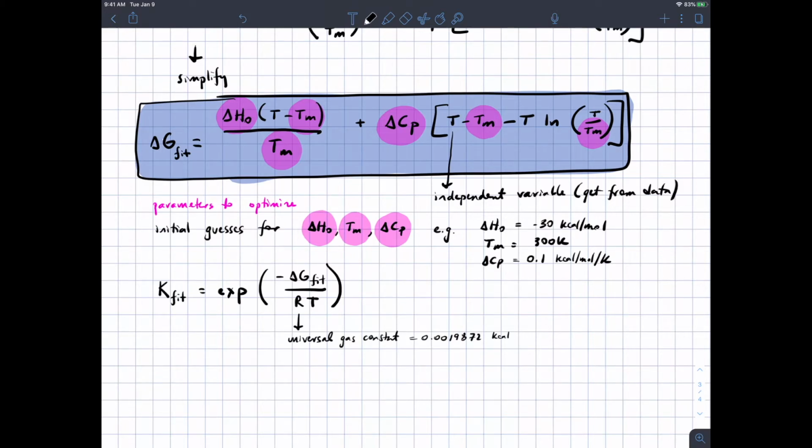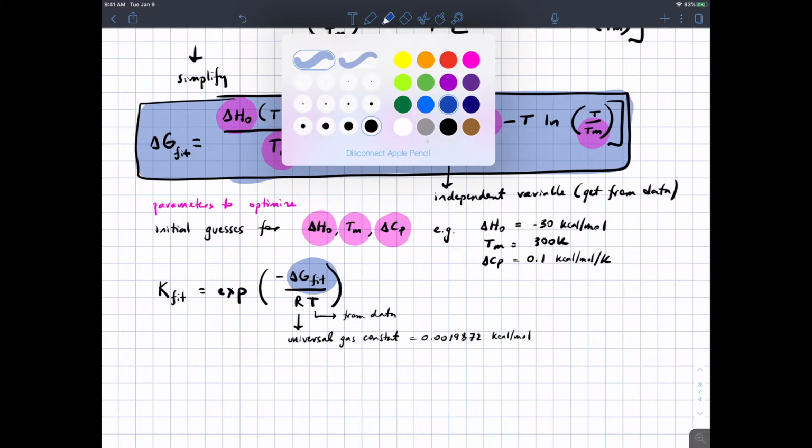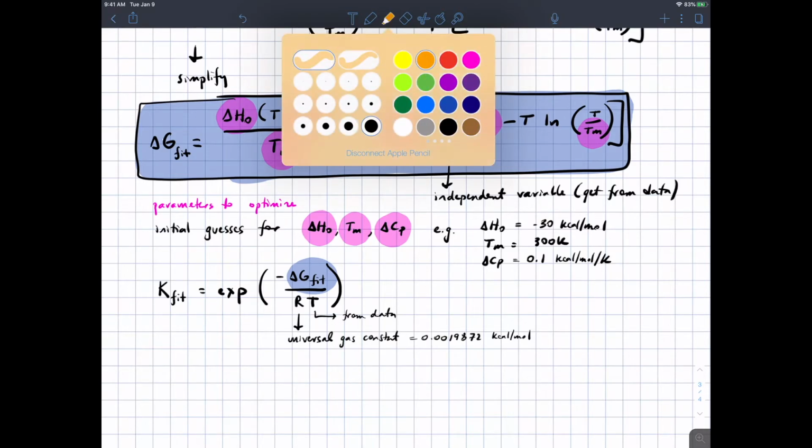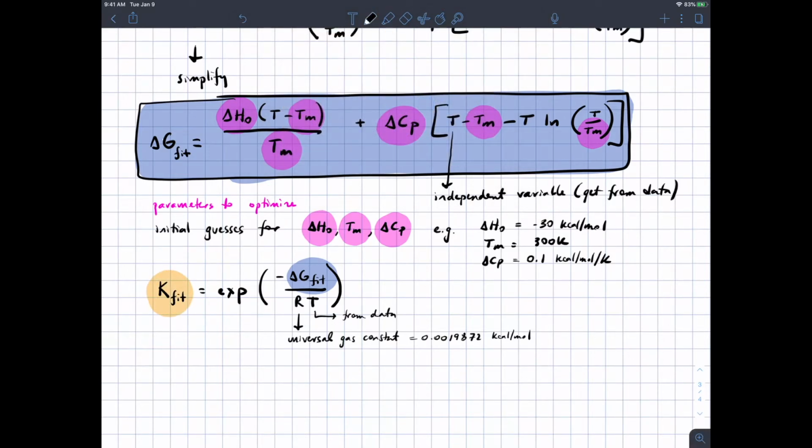0.001987 kcals per mole, and T is temperature from your data. So given delta G, you can then calculate the equilibrium constant using the equation shown.